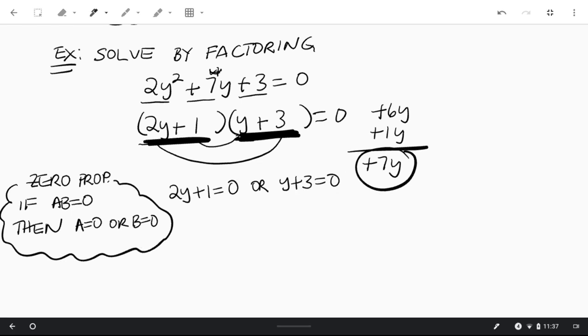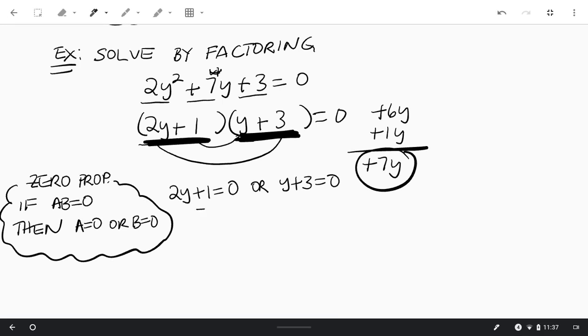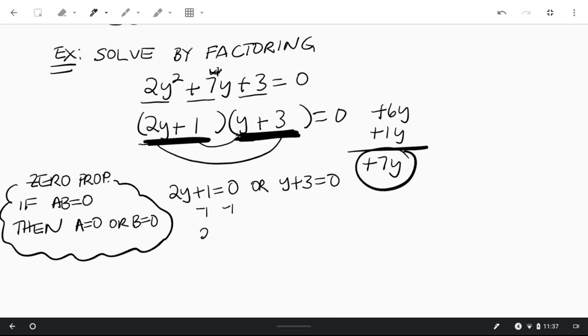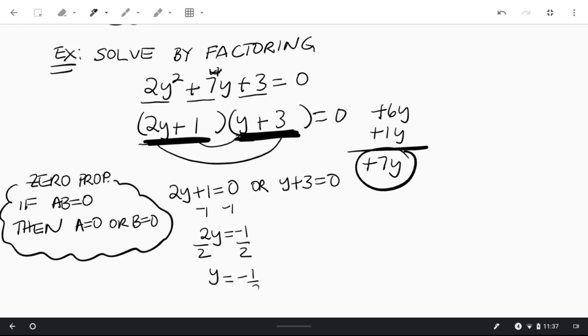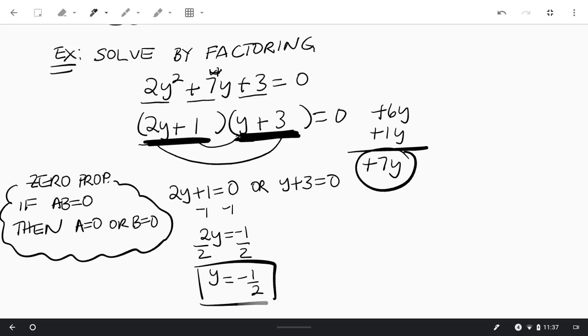Then we solve each one of these for y. Subtract 1, so 2y equals negative 1, divide by 2, y equals negative 1/2. So that's one of the answers.